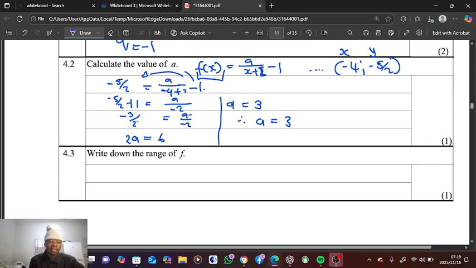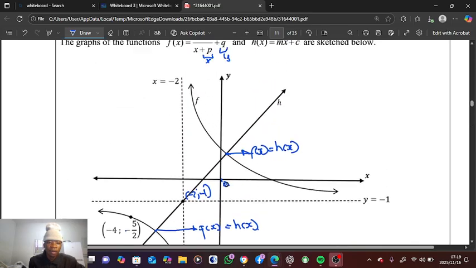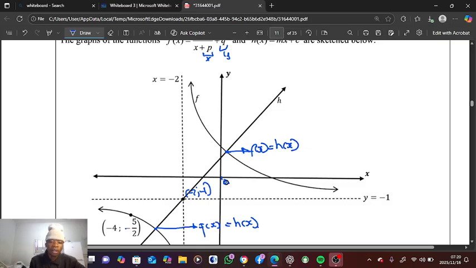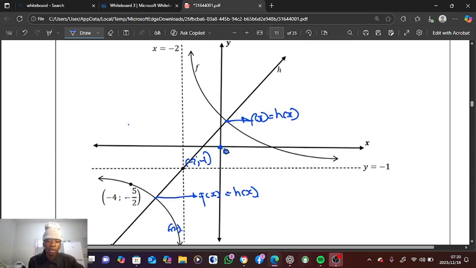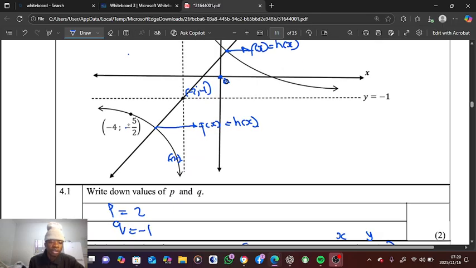Then they say write down the range of f. The range of f is for the graph that we've been solving. So we notice that on graph f, all the y values are included, because we can see that on the positive y side there is an infinity sign, which means all the y values are included on the positive side. And on this side also, we have a negative infinity sign, which says all y values are included.